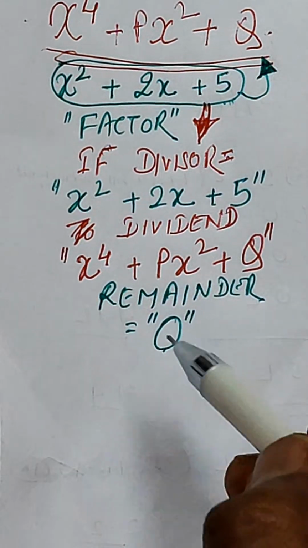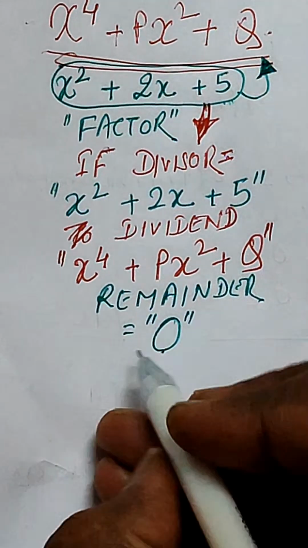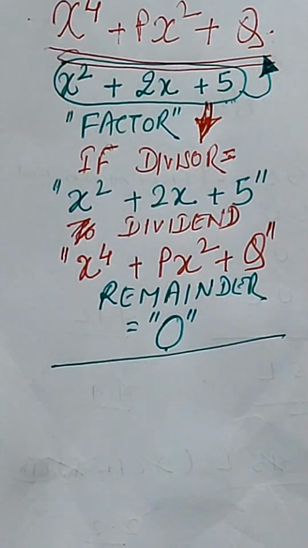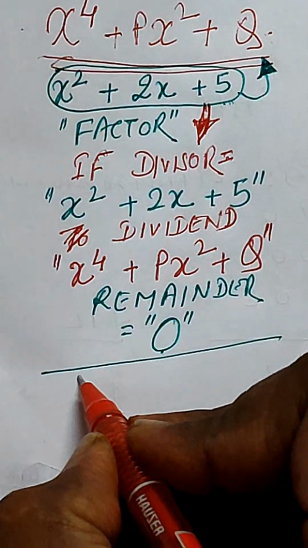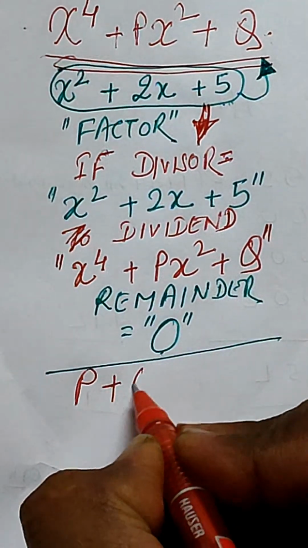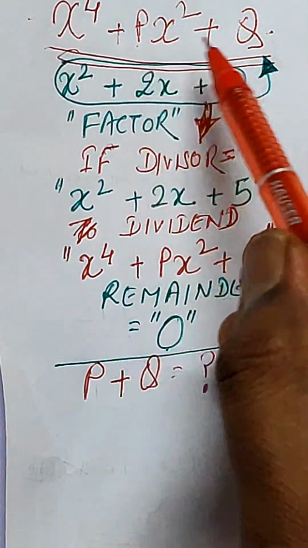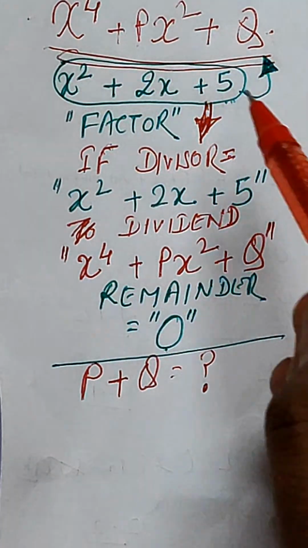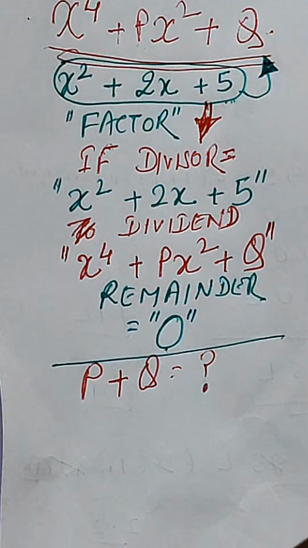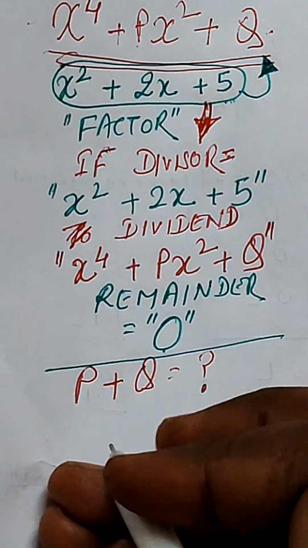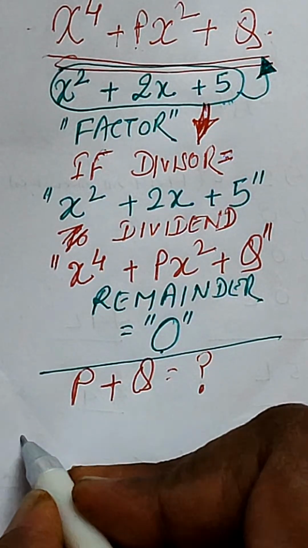So let us find the value of p and q, since the question asks for the value of p plus q. Here p and q are variables to us, and we do not know their values.